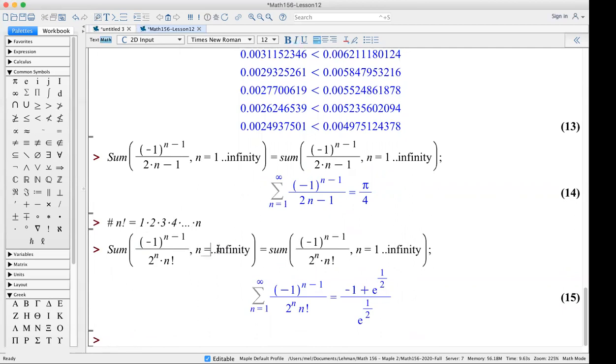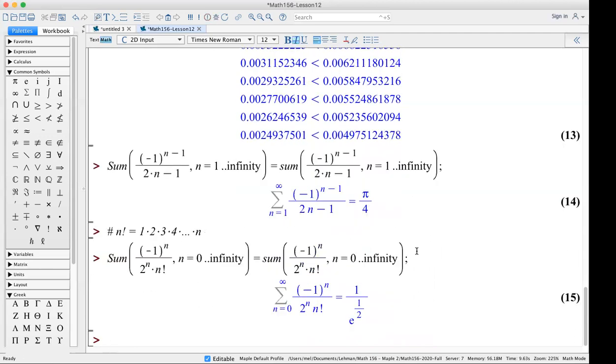Okay, let's start at 0. Perfectly okay also. I like to start with the positive terms though. 1 over the square root of e. Huh.